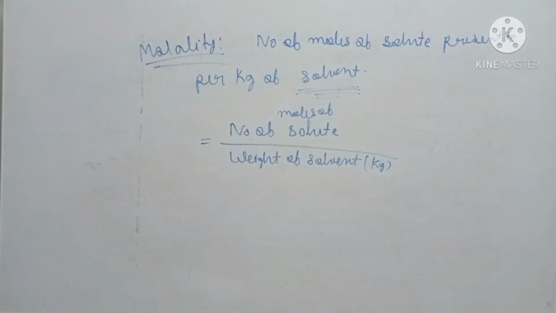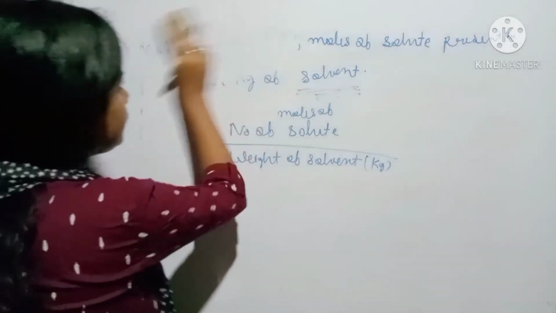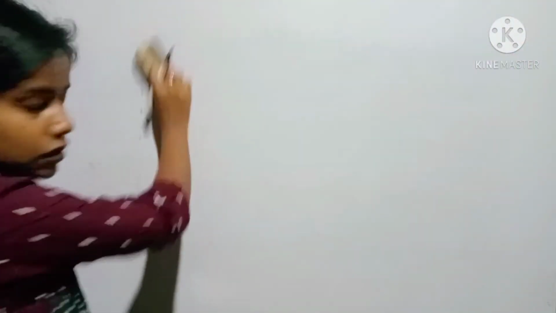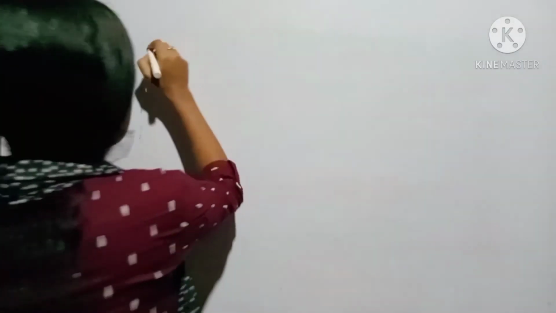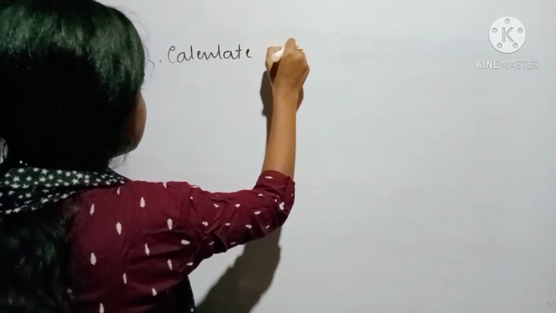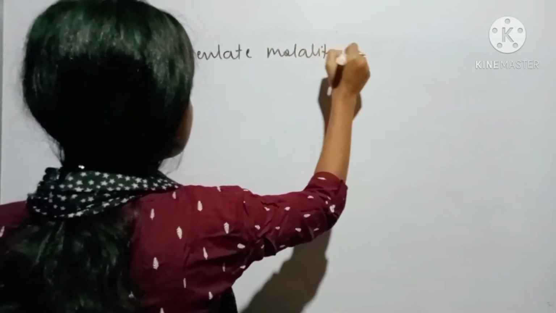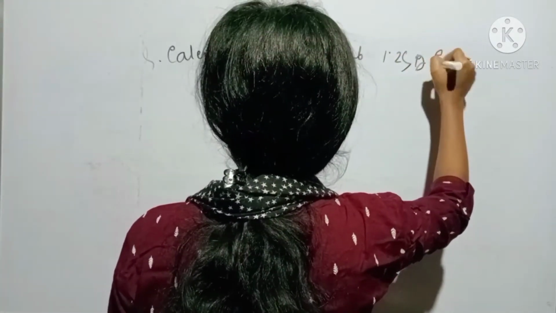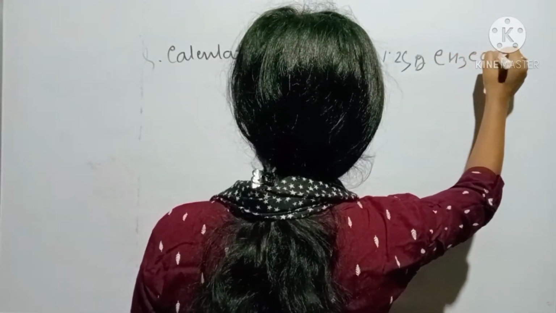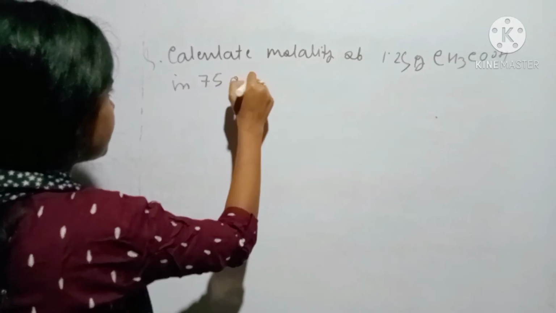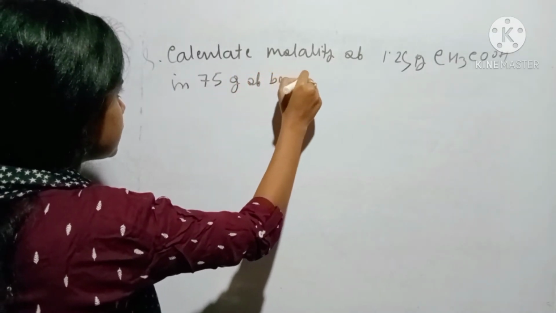The question is: calculate the molality of 2.5 gram ethanoic acid, that means CH3COOH, in 75 gram of benzene.